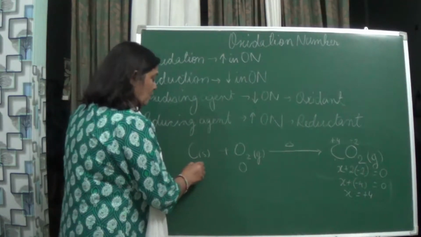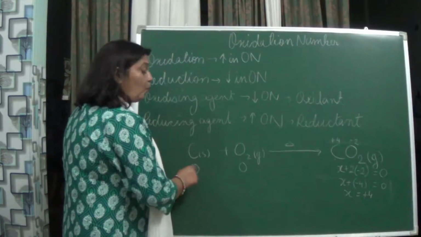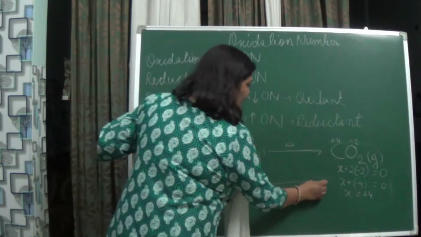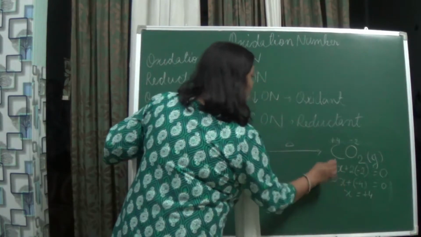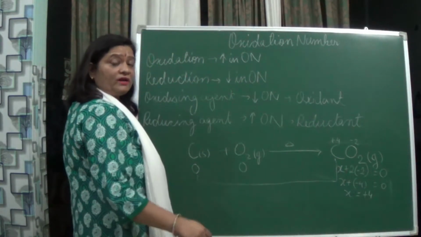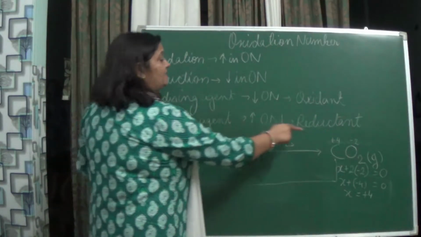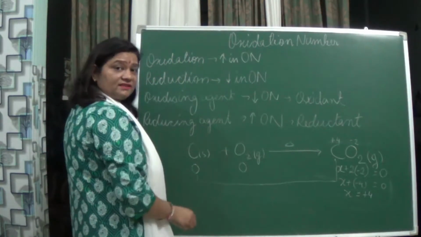Now let us see which has been reduced and which has been oxidized. Carbon has the oxidation number of 0, and after the reaction it has plus 4. So what has taken place, oxidation or reduction? It is oxidation, as there is an increase in the oxidation number.